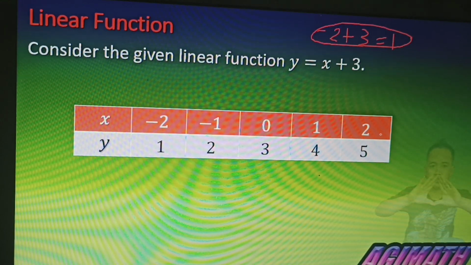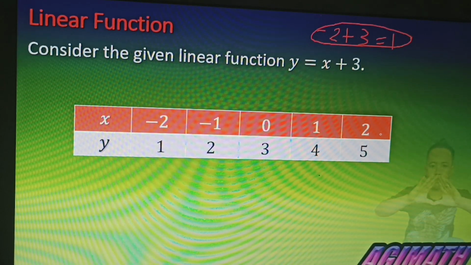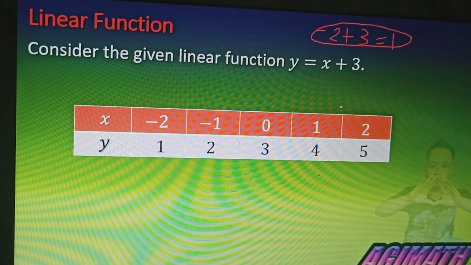Now, we are done with our table of values. Next thing we are going to do is to find the difference. We are going to subtract the values, and in my case, I'm used to doing it from right to left.